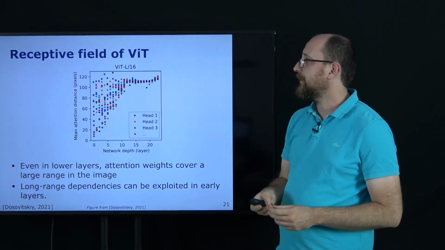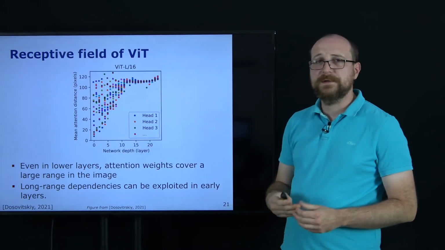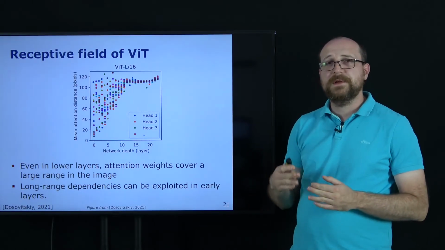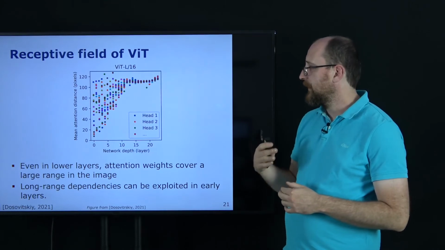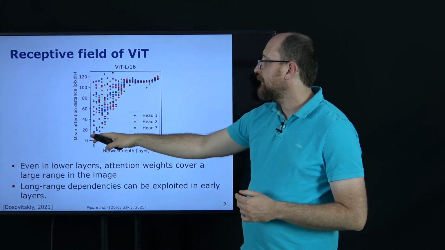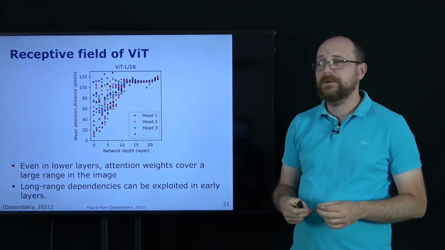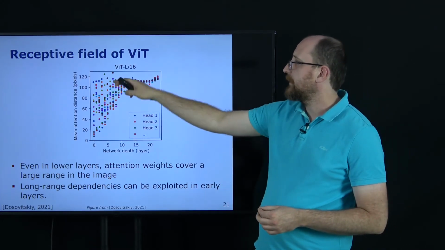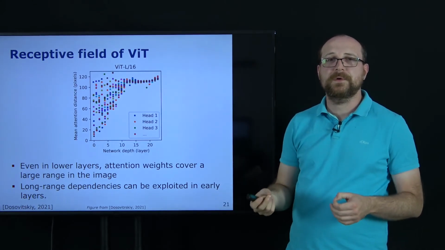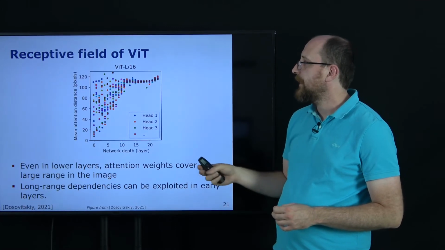On the x-axis you see the network layer, basically the depth of the encoder layer, and what you can see here is the distance between the patches. So the higher this dot is, the larger is the distance between the patches that were used in the attention weights.